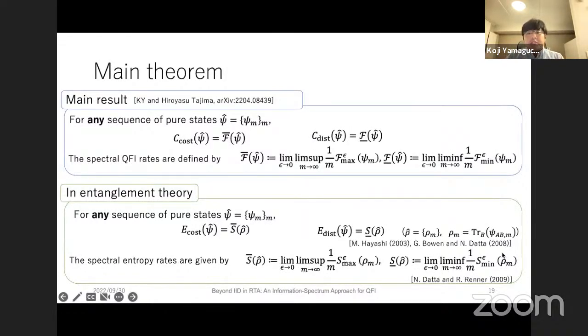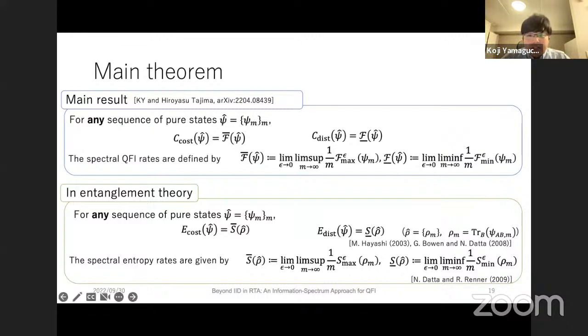So by using these two quantities, the main result of our paper is stated as follows. For any sequence of pure states, the distillable coherence is given by the spectral infimum quantum Fisher information rate, while the coherence cost is given by the spectral supremum quantum Fisher information rate. And in fact, this result shows the correspondence between the resource theory of asymmetry and the entanglement theory.